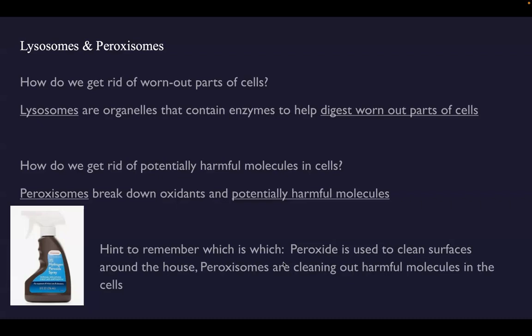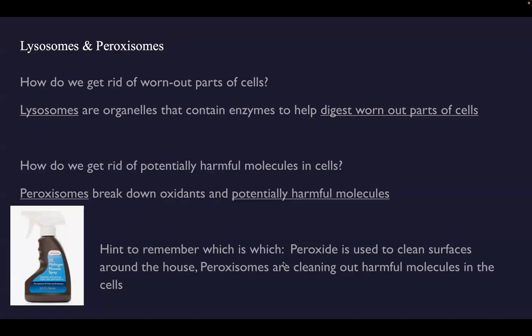Very similarly, we have peroxisomes, and it can be confusing to differentiate because they sound so similar and their functions are very similar. They're both breaking down things that we don't need. But lysosomes are targeting digestion of worn out parts of our own cells. Peroxisomes are trying to break down oxidants and potentially harmful molecules.